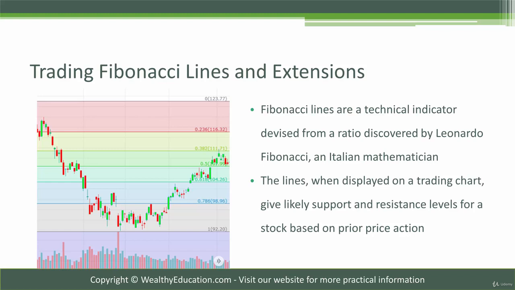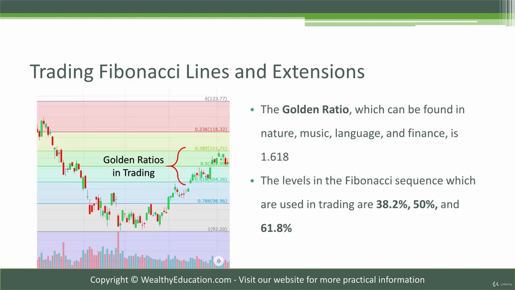With Fibonacci lines, we get likely support and resistance levels even though the stock hasn't traded at those levels previously as if they were support or resistance. The golden ratio in Fibonacci lines is the number 1.618.